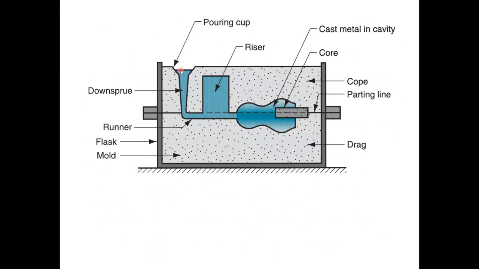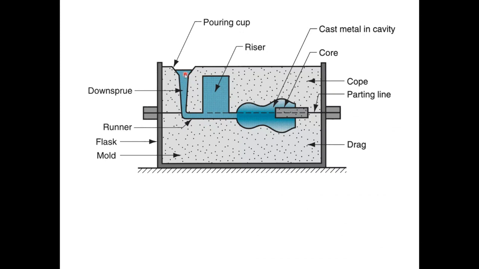Indeed, this down sprue plays an important role in the casting process, and its height decides how much pressure will be exerted on the liquid in order to fill in the cavity properly. So the velocity of the liquid at the bottom of this conical section is of importance, and also the flow rate of the liquid at this point.